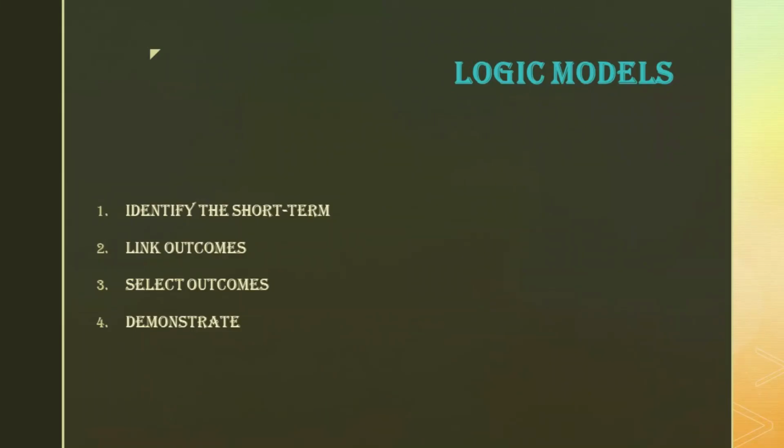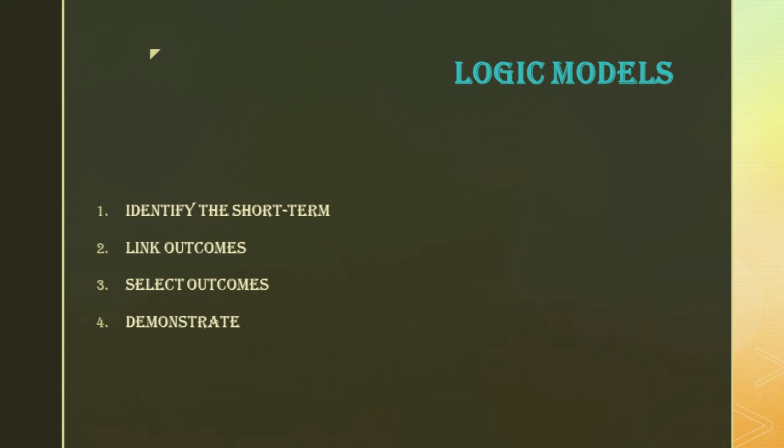Logic models are developed for public health programs and campaigns. A logic model links campaign inputs and activities with campaign outcomes. It describes the sequence of events for bringing about behavior change and presents the relationship between campaign inputs, campaign activities, the impact on output and outcome.